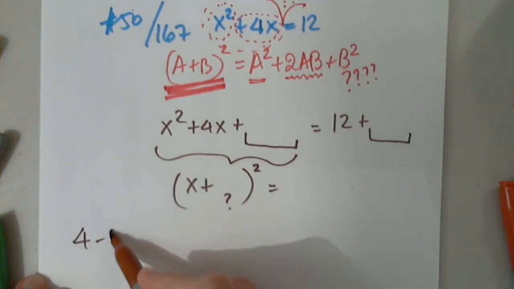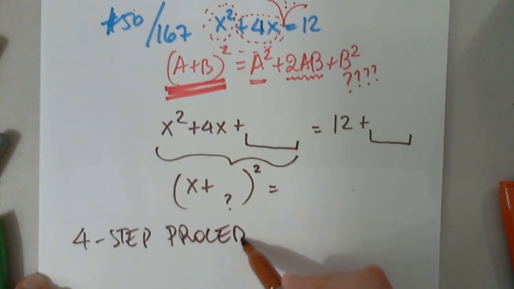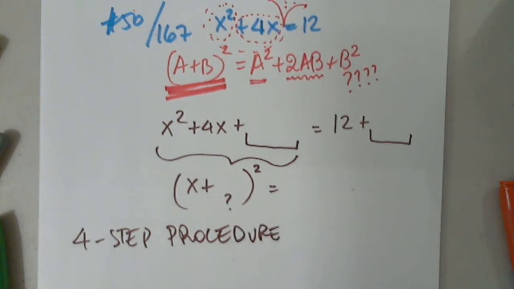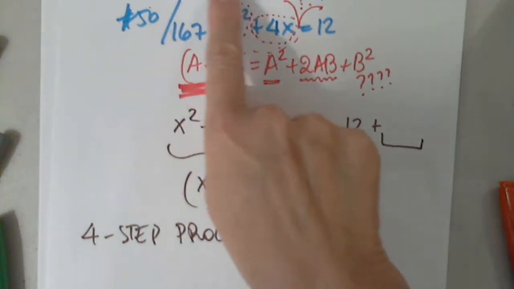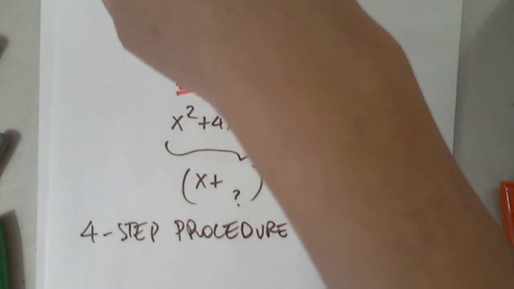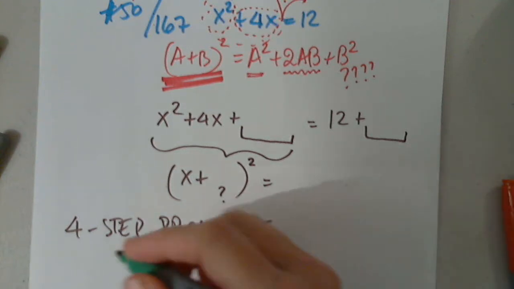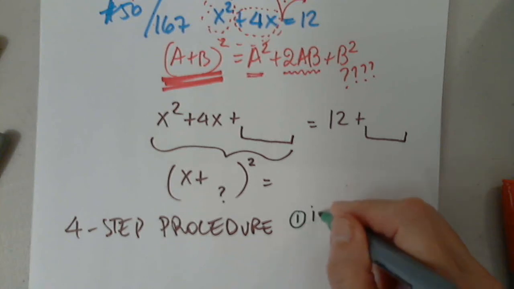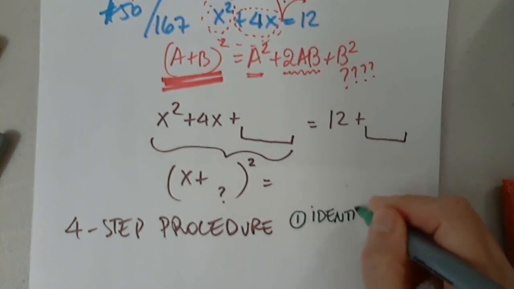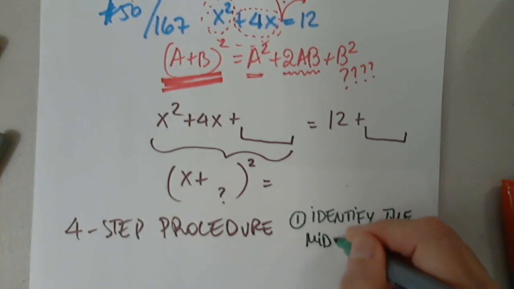It's a 4-step procedure to determine this number and complete the square. Okay, ready? The first step in the 4-step procedure is to identify the middle coefficient.